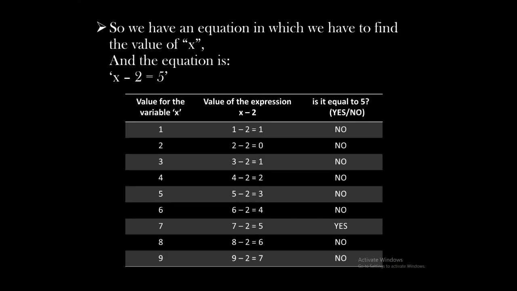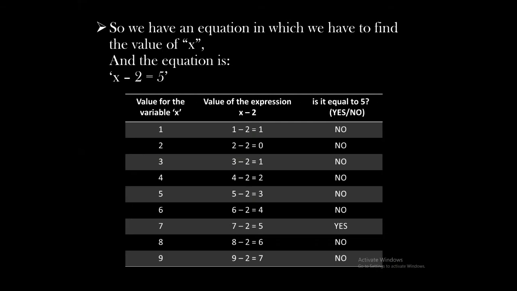So here we have values for the variable x, and the expression x minus 2. Is it equal to 5? Yes or no? Here we have 1, so we substitute 1 in the x place. 1 minus 2 is equal to minus 1. So it cannot be. No. 2 minus 2 is equal to 0.